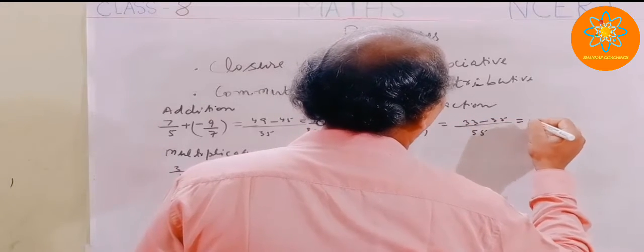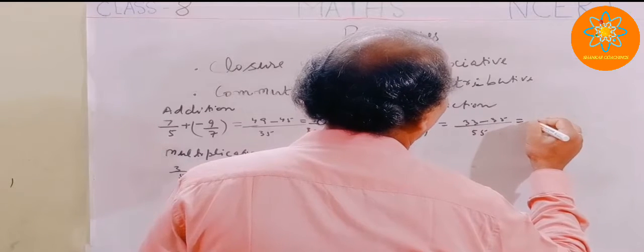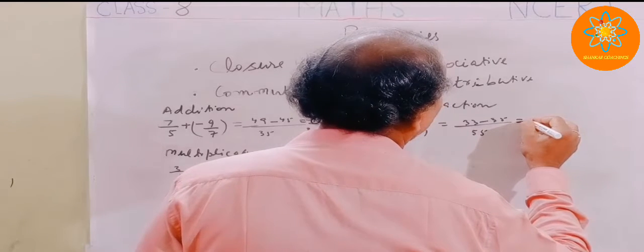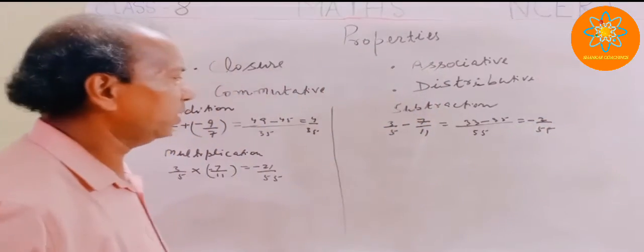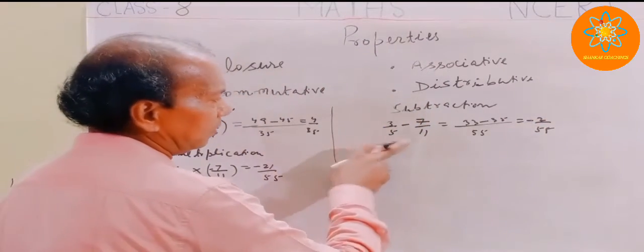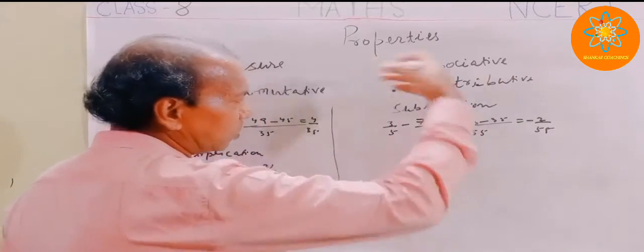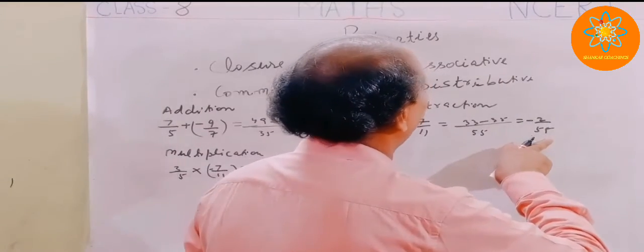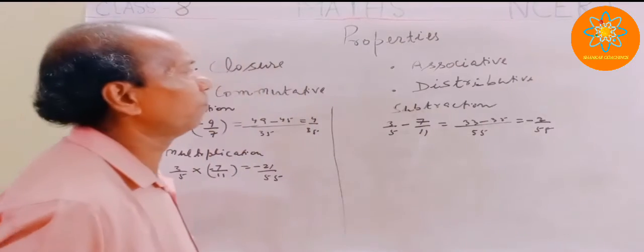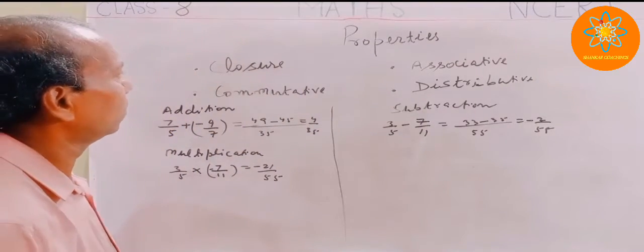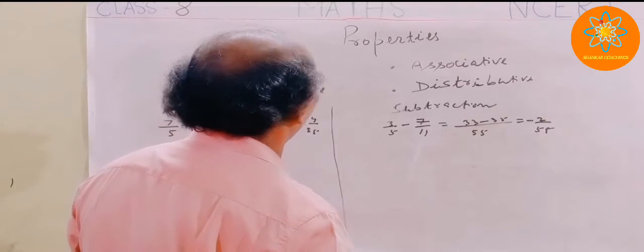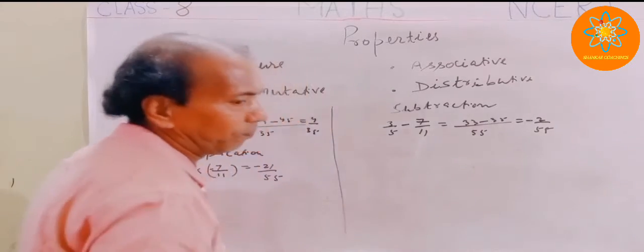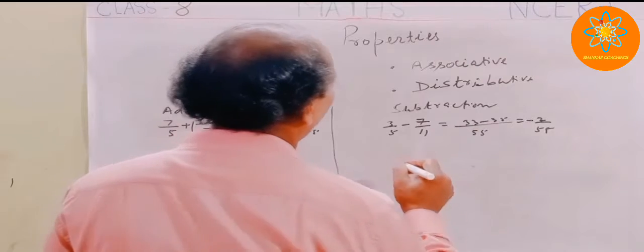This is equal to minus 2 by 55. So see here, this is a rational number, this is a rational number, and on subtraction also we are getting a rational number. That is, the closure property is true for subtraction.